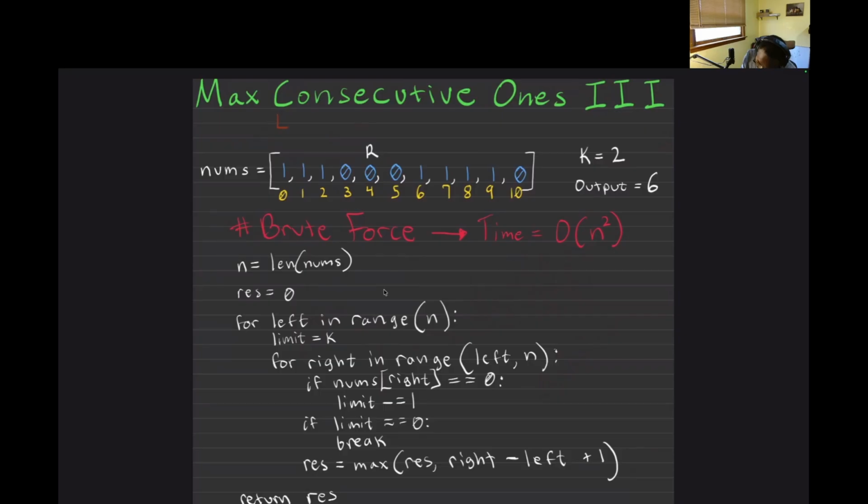Limit becomes 0. Our res becomes 5. And you get the point, right? Whenever we use too much of our limit, we can immediately break out of this, and then we restart our loop now with left starting at 1, right restarting here at 1 as well, and same logic, right?